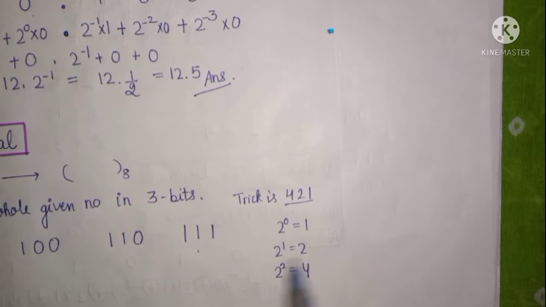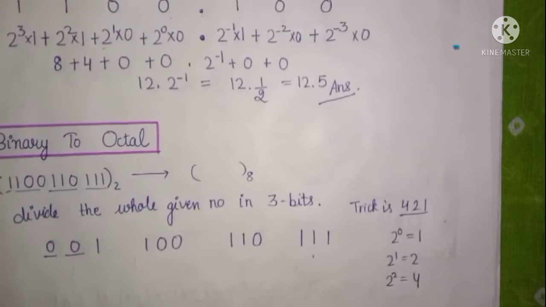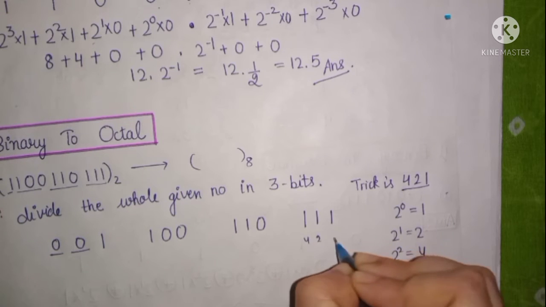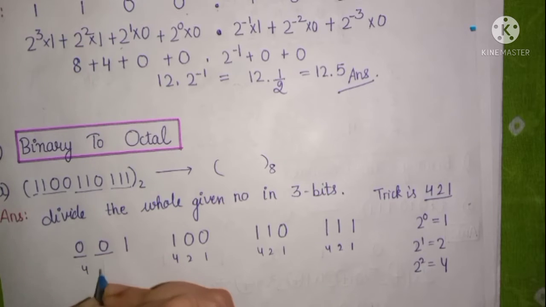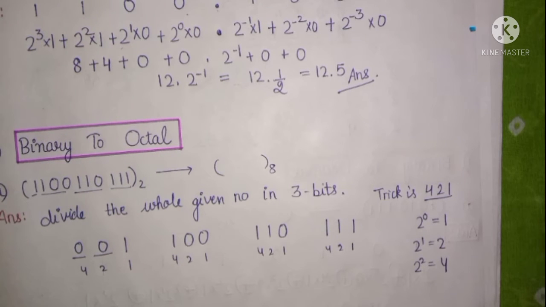It is a 3 bit group, so we write 4 2 1. To remember it better, you have to write 4 2 1, 4 2 1, 4 2 1, and 4 2 1 under each group, right? So now what is the next step?